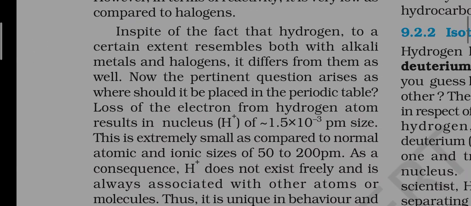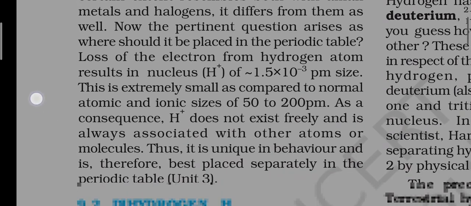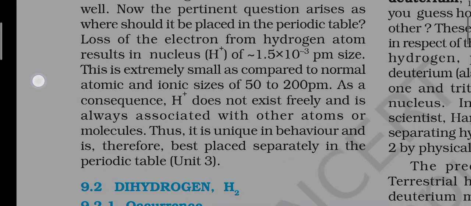In spite of the fact that hydrogen to a certain extent resembles both alkali metals and halogens, it differs from them as well. Now, the pertinent question arises as to where it should be placed in the periodic table. Loss of the electron from hydrogen atom results in a nucleus of approximately 1.5 × 10⁻³ pm size.